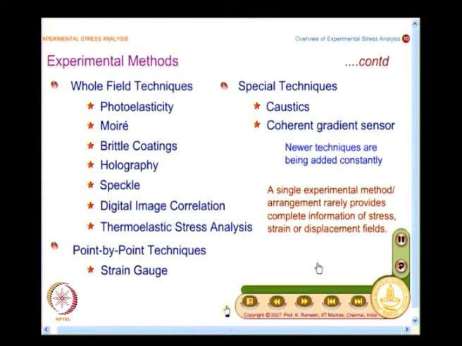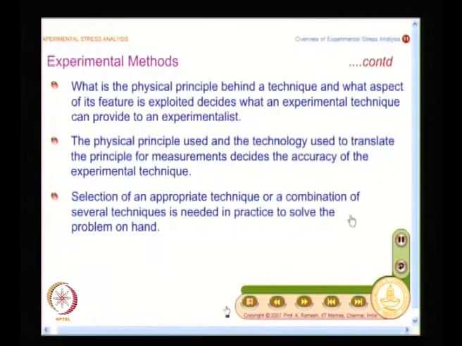If you are satisfied that the information is good enough, then one experiment is sufficient for you to get the answer you wanted. If not, you may have to use a combination of different experimental techniques and evaluate the parameters that you want for your analysis.